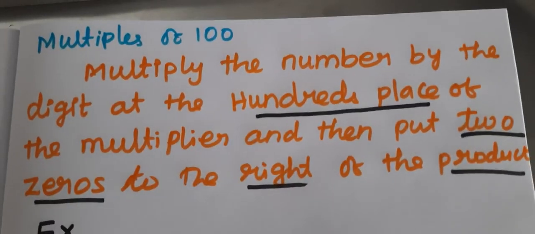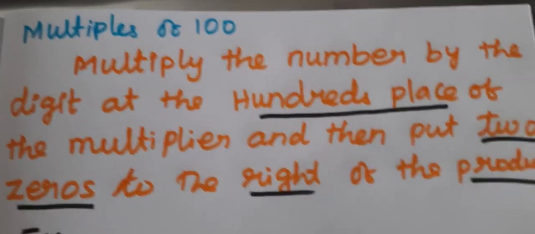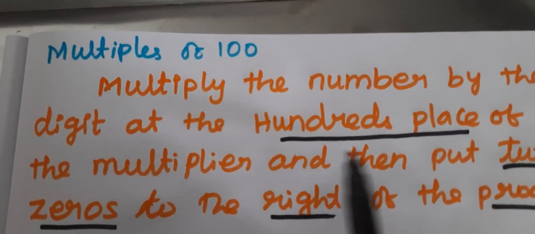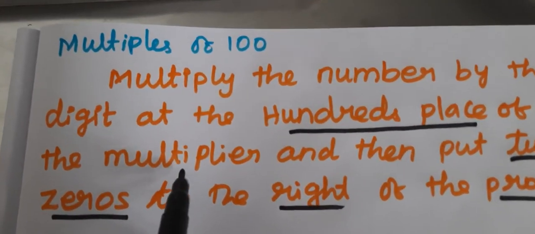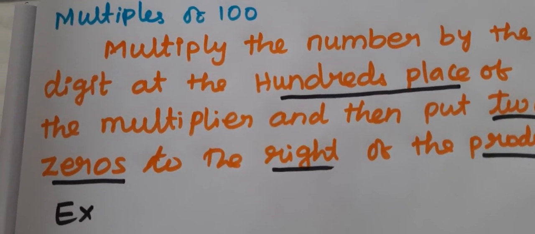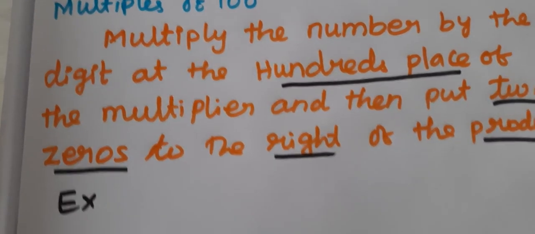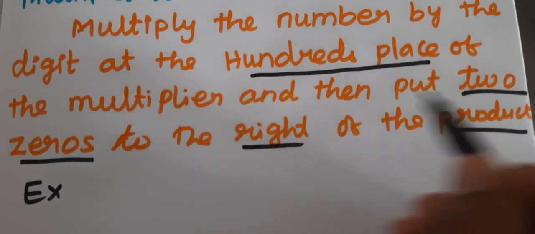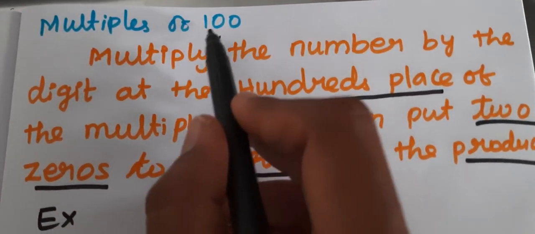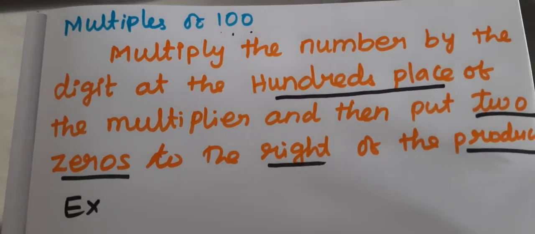What is the difference between multiples of 10 and multiples of 100? There you multiply the tens place of the multiplier, but here it is the 100 place of the multiplier. That is one difference. Another difference is that there you add 1 zero to the right of the product, but here 2 zeros to the right of the product, because 100 has 2 zeros.